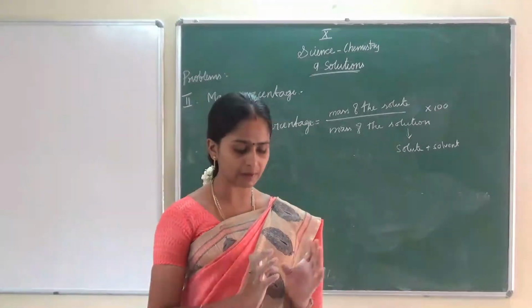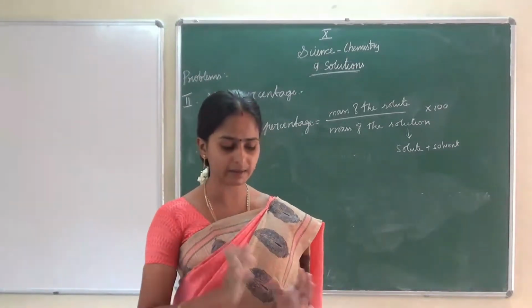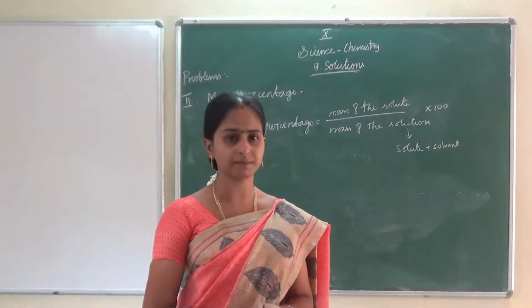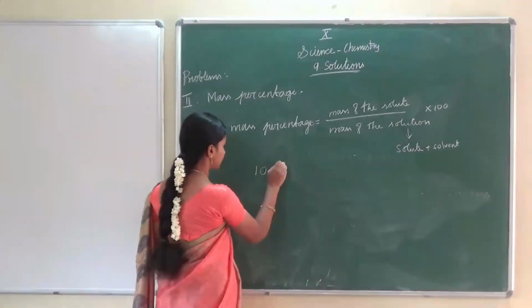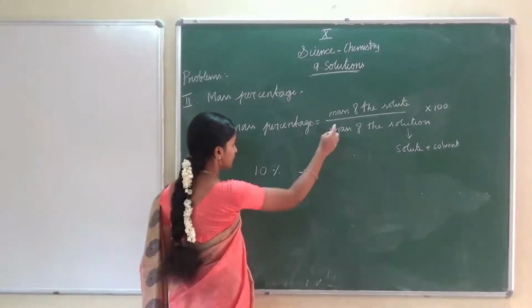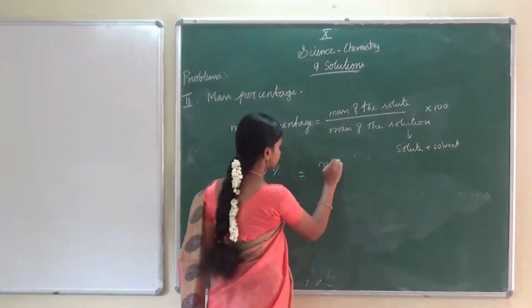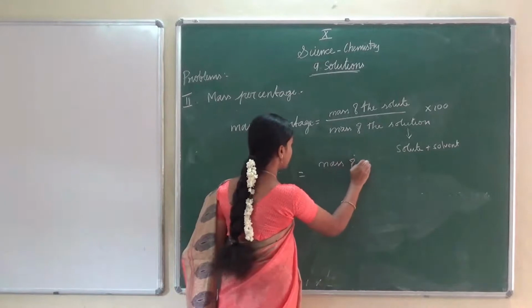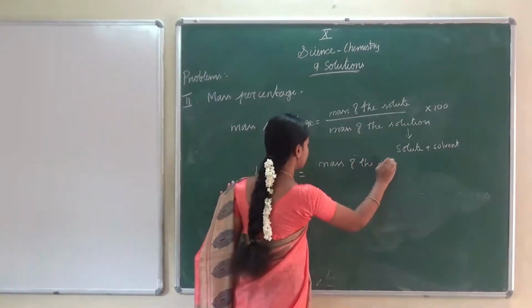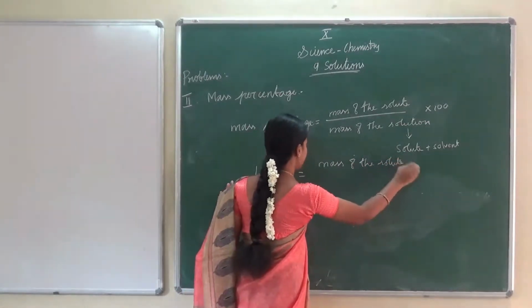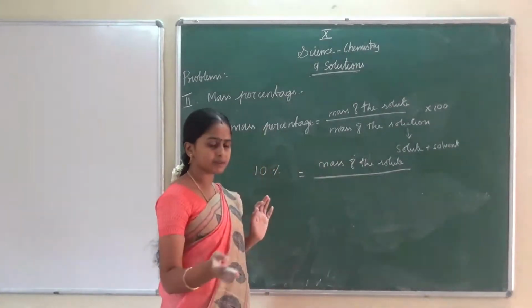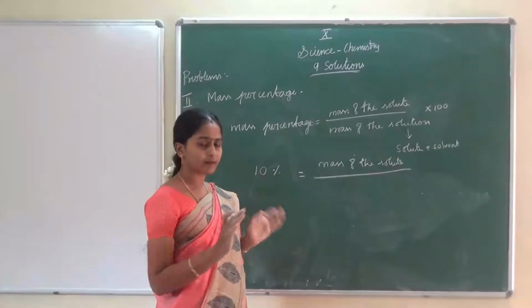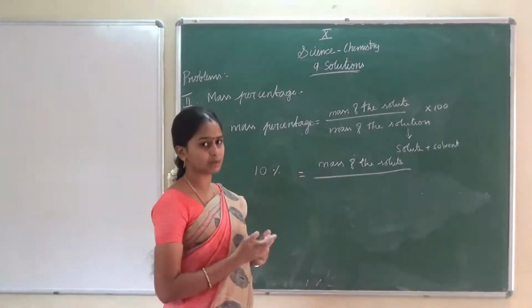The mass percentage value is 10%, and the mass of the solute is what they are asking us to find. We don't know the mass of the solute, but they have given the mass of the solution, 500 gram of aqueous solution.